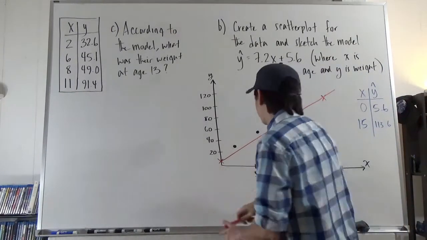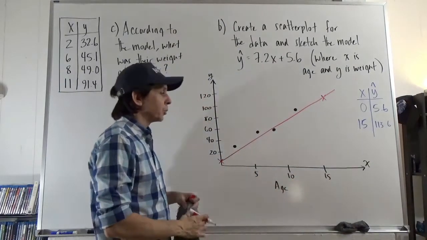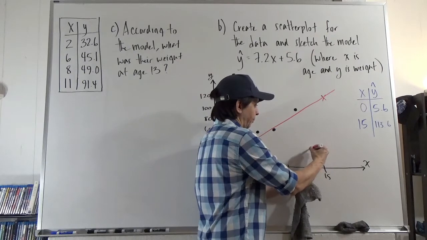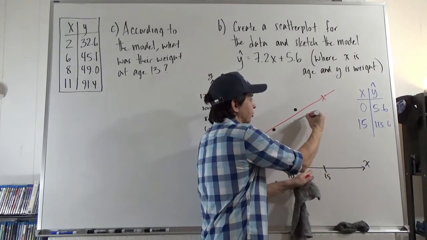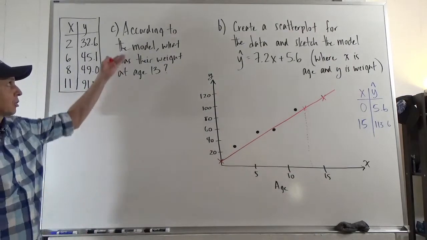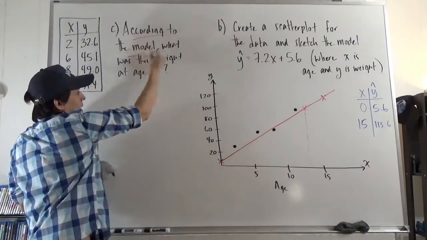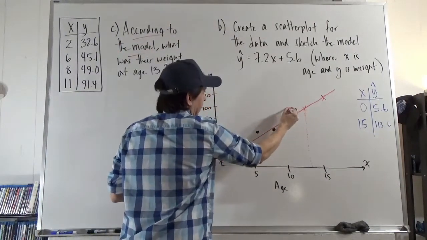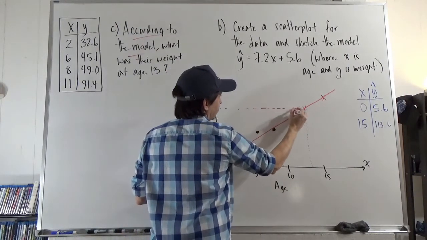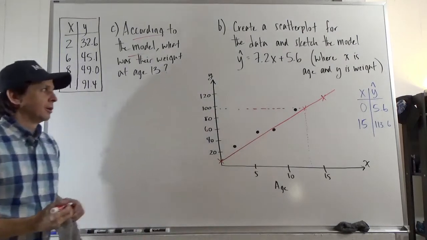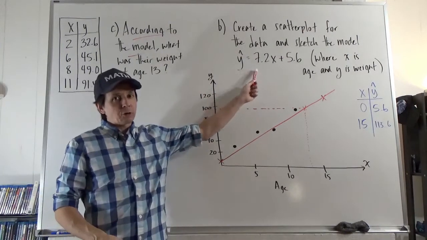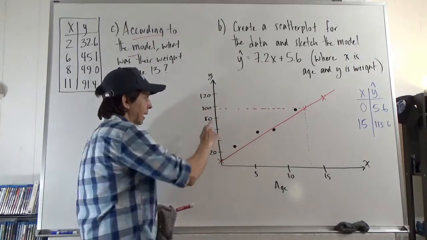If we did it off the graph, if we had a super accurate graph, we'd go to 13 years of age, and we would ignore the black dots, and we would go to the red line, because that is the model, and it's asking us according to the model. And then we would go over and estimate what that weight is. 99-ish? I don't know. But a hand-drawn graph, as beautiful as I made it, is still not going to be as accurate as using your actual equation. So we're not going to rely on a hand-drawn graph.